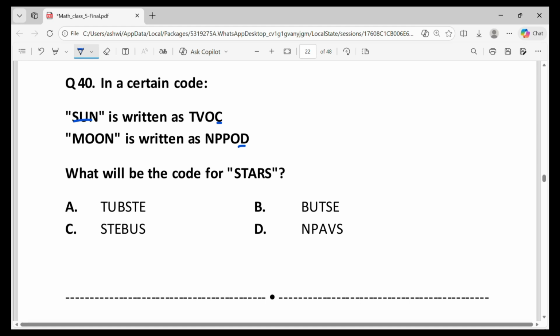So for star, it will be S next letter T, T next letter U, A next letter B, R next letter S, and S next letter T. And since there are 4 letters, the next letter will be E, that is the fifth letter in the alphabet. So the answer will be option A, TUBSTE.